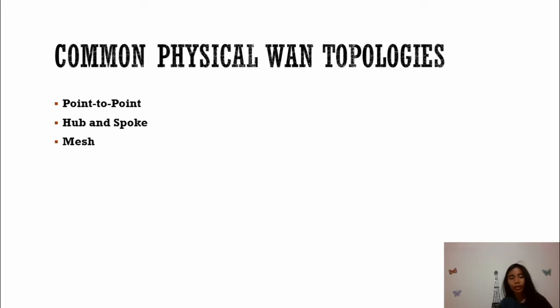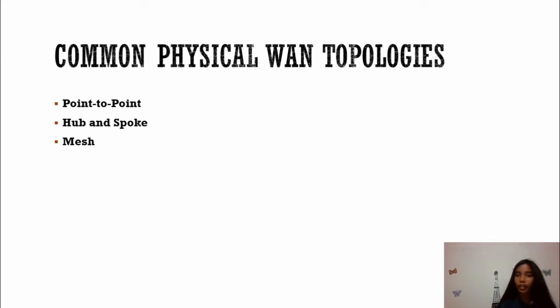So the next one is the hub and spoke. This is centralized. The central site interconnects branches using point-to-point links.